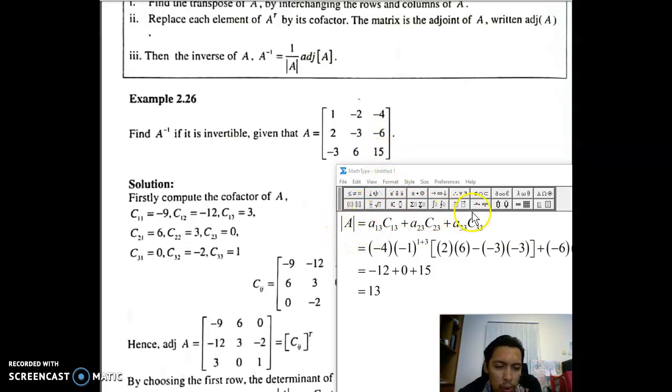This is the way for us to calculate the determinant using the cofactor method: the element of 1, 3 times its cofactor, the element of 2, 3 times its cofactor, plus the element of 3, 3 times its cofactor.